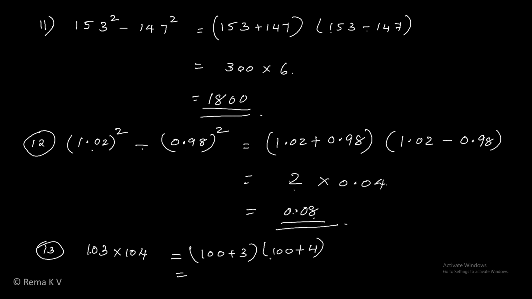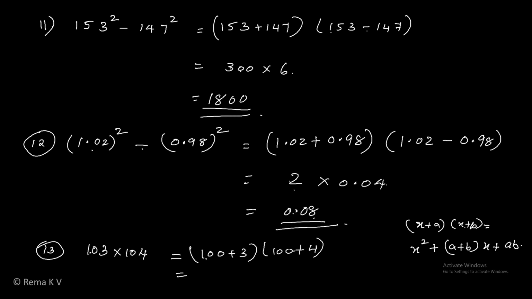Which identity we have to apply here? Compare with the given standard identities. Fourth one, that is x plus a into x plus b. First terms are the same here and the second terms are different. So this is equal to x square plus a plus b into x plus ab.